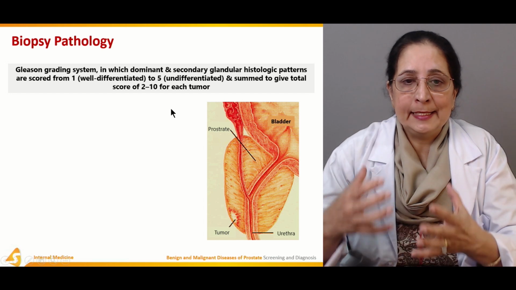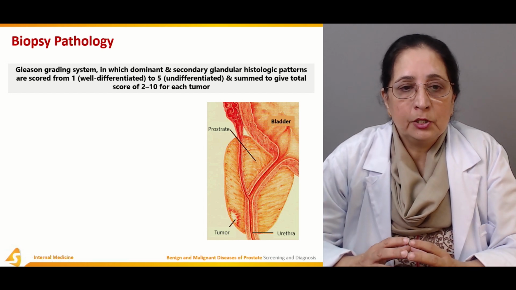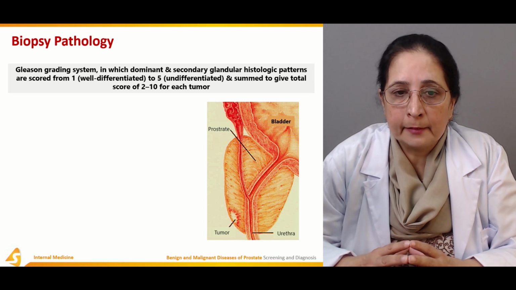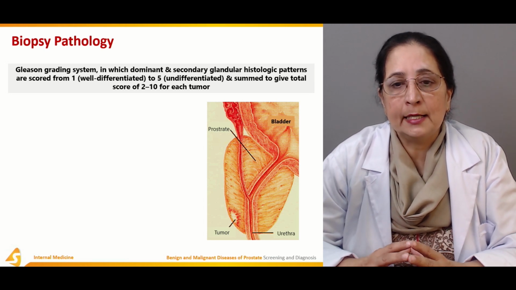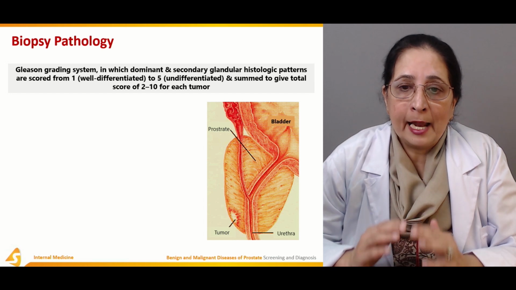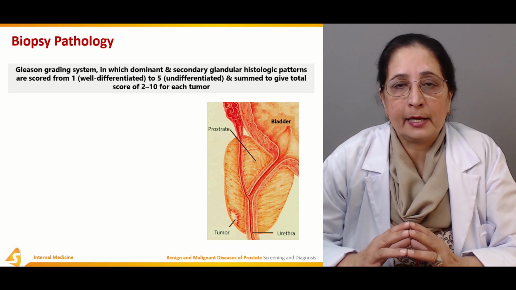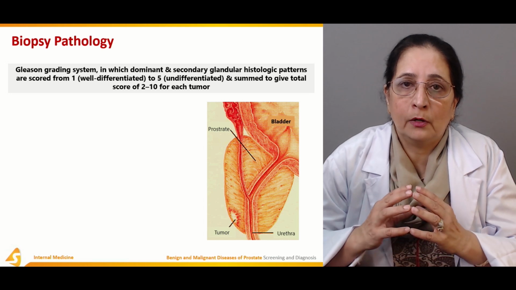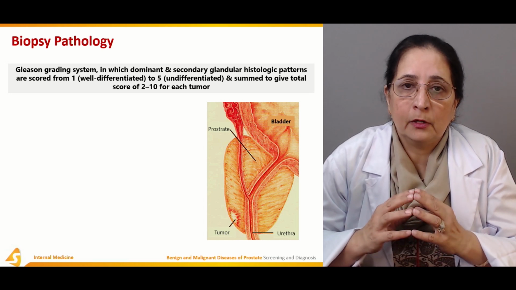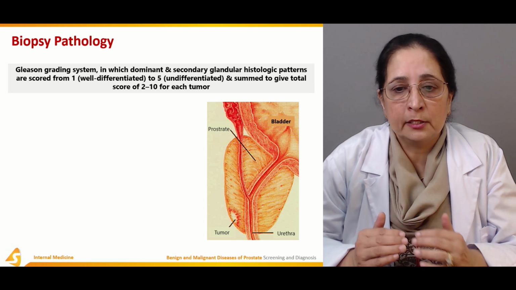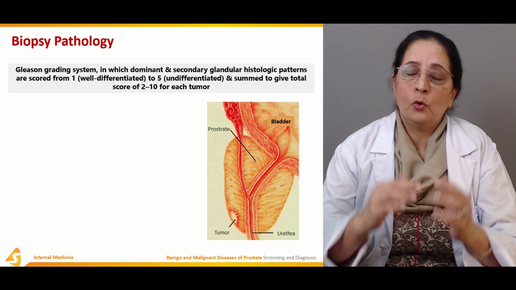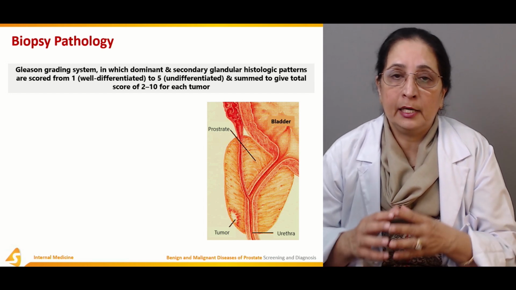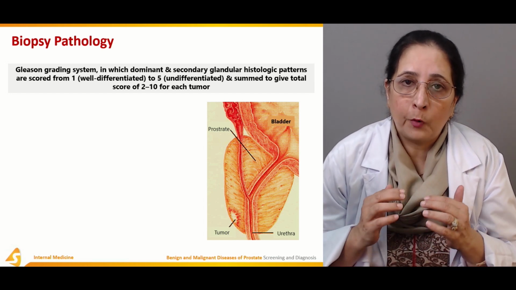So this is the staging known as the Gleason grading system, in which the glandular pattern of the tissues present on the histology is scored from well differentiated to poorly differentiated.